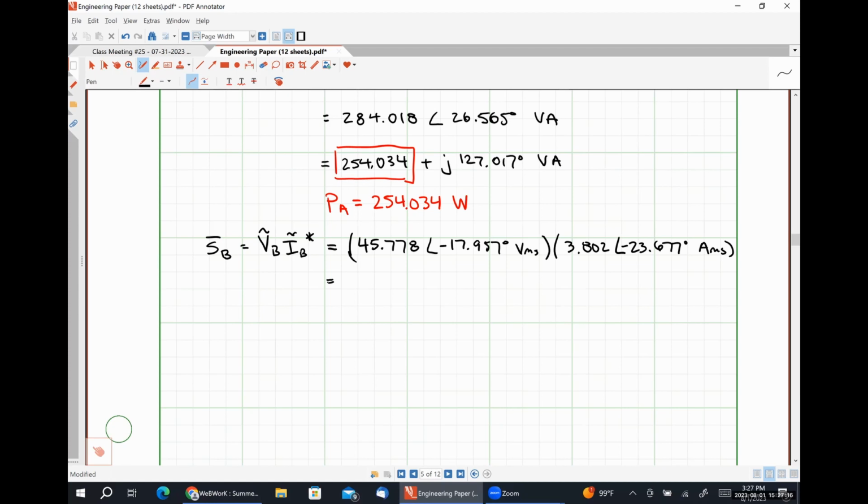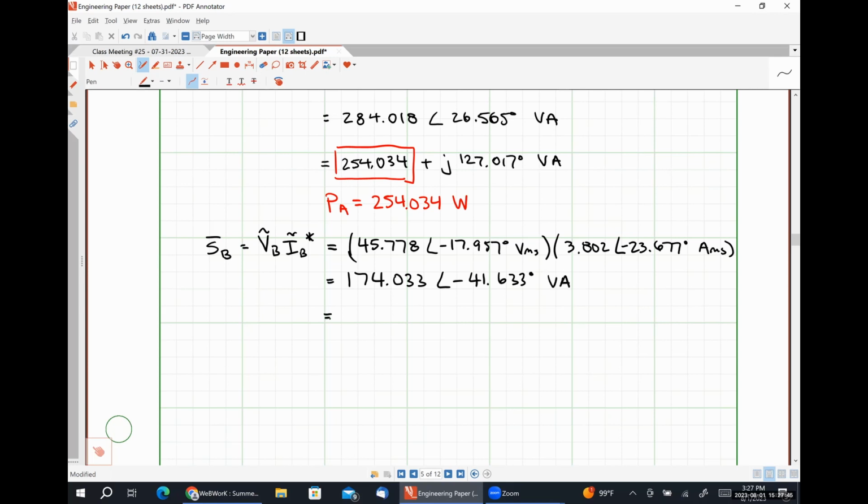So that's going to be Y times the conjugate of T. And I get 174.033 with a phase angle of negative 41.633 volt amperes.